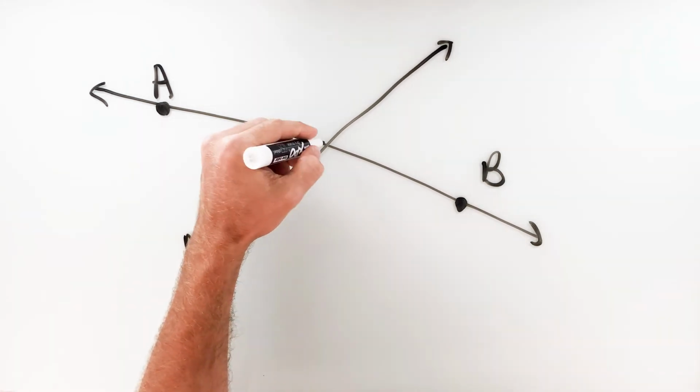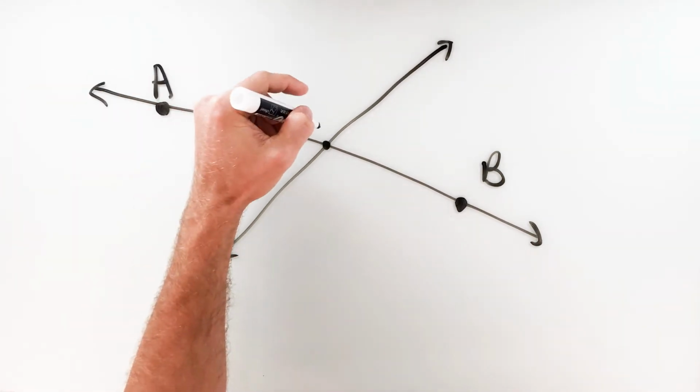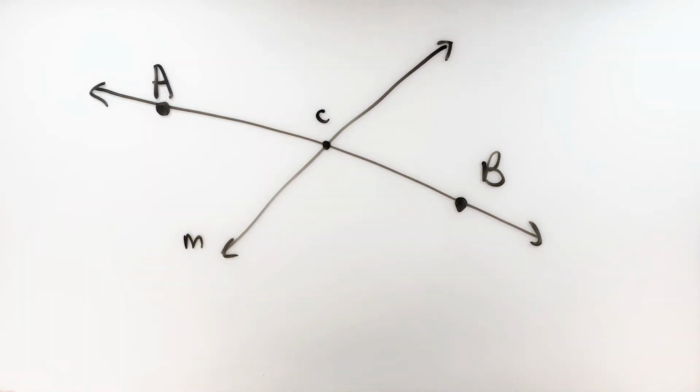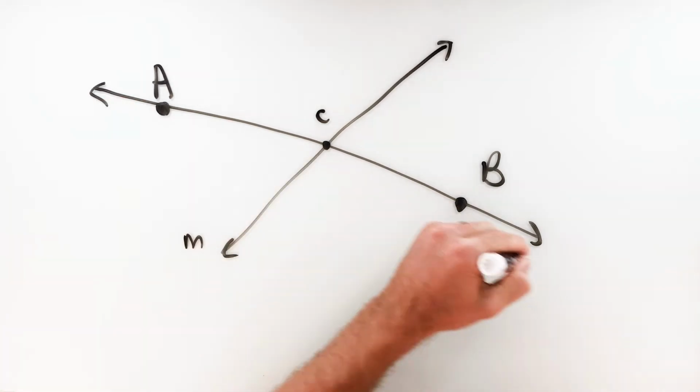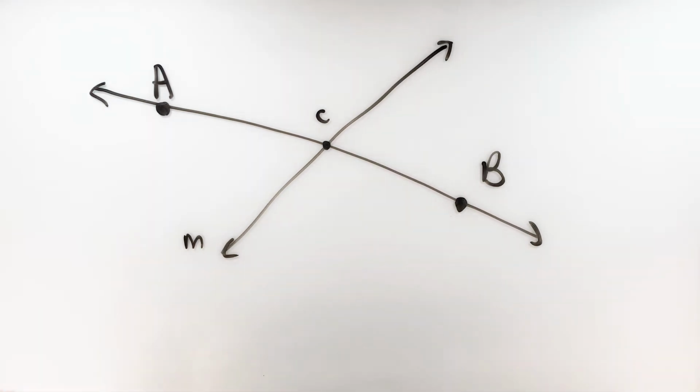So we'll call that point C. It is possible for 2 lines to intersect on all points, and that's if they are the same line. So if I were to draw a line AB and then draw another line right on top of that, they would intersect on all the points, but then they're just the same line. So if 2 lines intersect, then they will intersect in exactly 1 point.